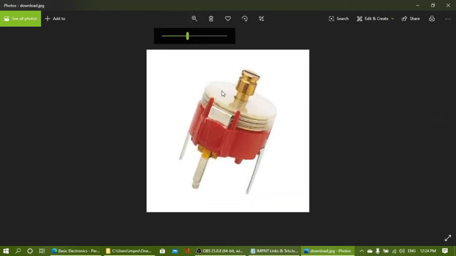You will see there are several plates. This common pin is connected to the rotor, and the stator is connected to these two pins. These two pins are the same electrically, and this is the other. So your capacitance will vary from here to here, or this pin to this pin.